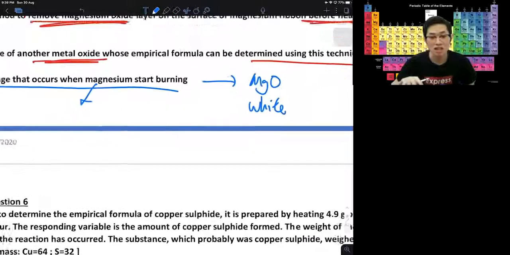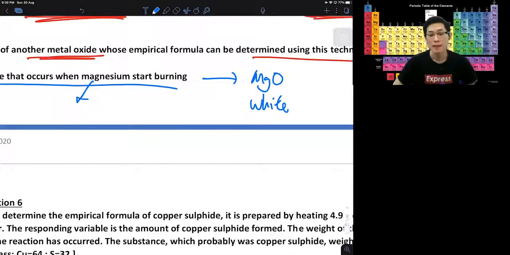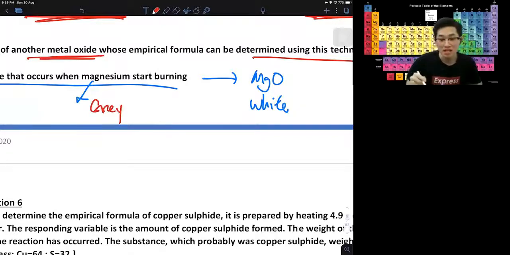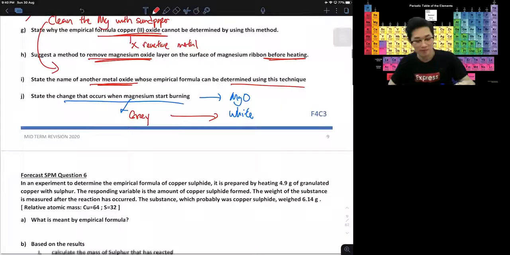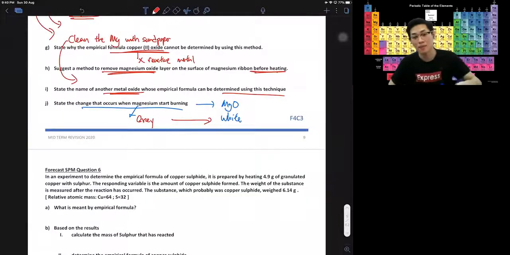What is the color of Mg? Gray. So you can say shiny gray, silvery gray, or gray solid turns white. Just like that.